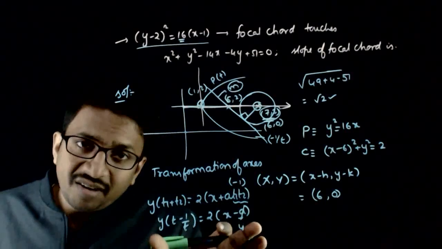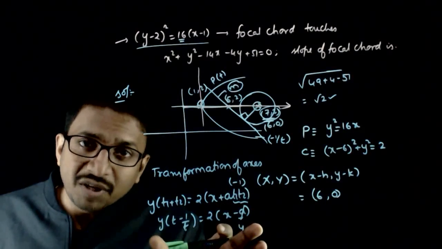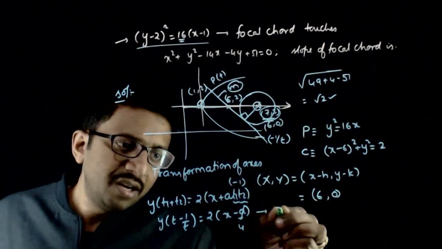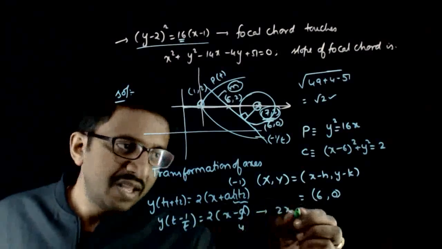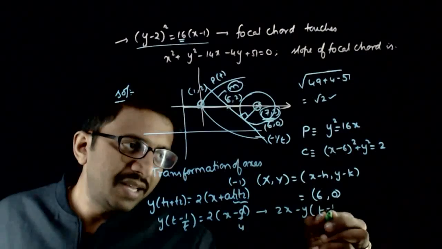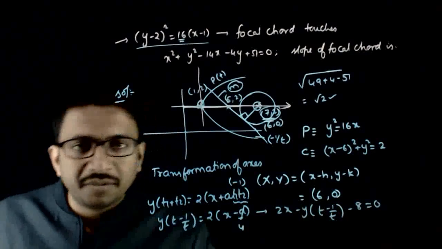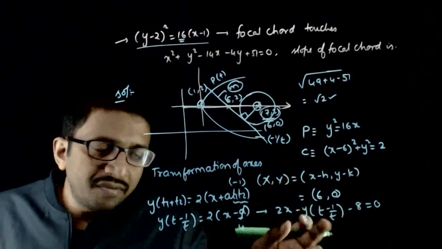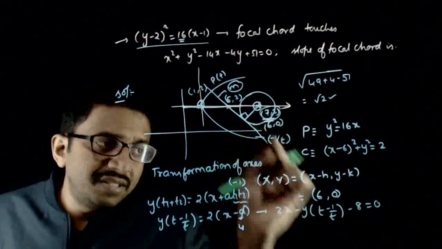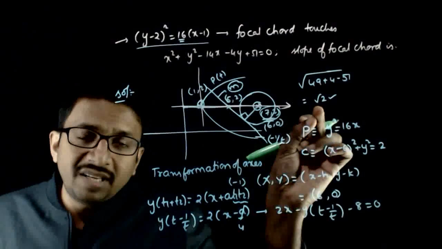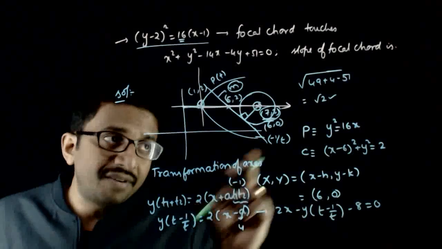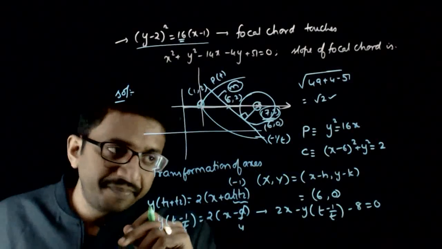The general equation of the focal chord is 2x − y(t − 1/t) − 8 = 0. Now the distance of this line from the point (6, 0) has to be equal to the radius, root 2. That's the condition, and from it we can get the value of t.